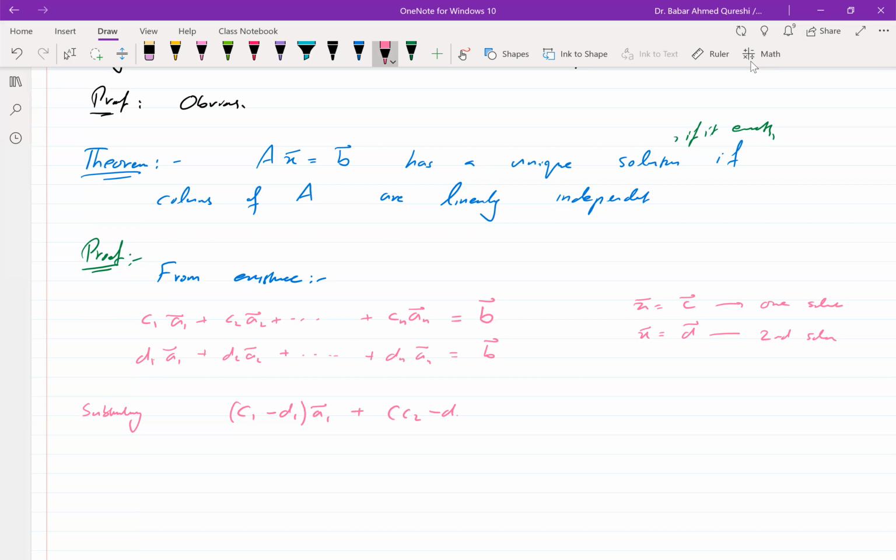So that means C1 is equal to D1 and so on. So these two vectors are same. So there are no two solutions. There's only one solution if the columns are linearly independent. So that's a very easy way to check. If the columns are linearly independent and a solution exists, the solution has to be unique.